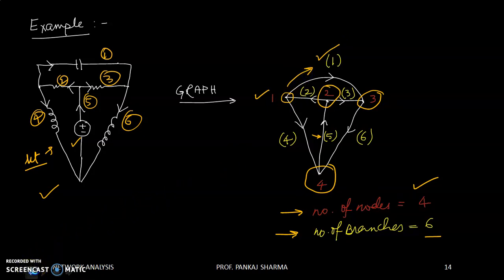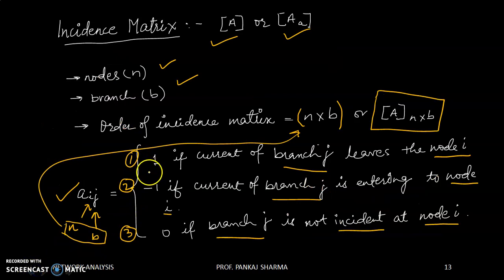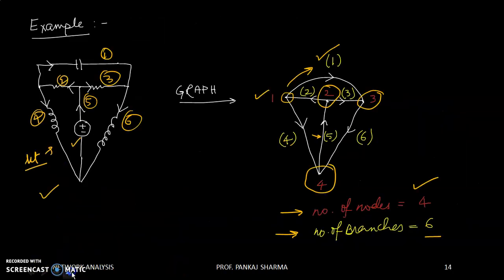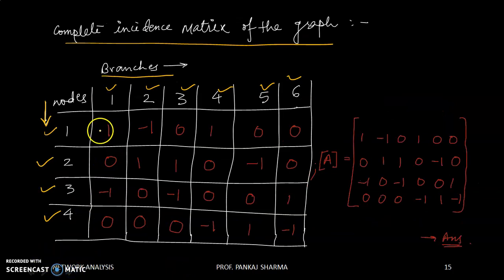If current of branch J leaves the node I, it is +1. If it is entering, it is -1. If branch and node are not related at all, it is 0. So it is leaving, so put 1.